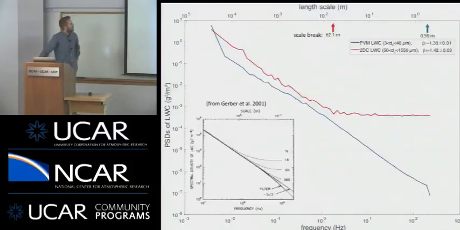I have some doubts still about what I'm getting for the 2DC. I have done this in a couple of different ways, playing with how I conduct the analysis, and it always changes in the 2DC. The cloud liquid water scaling is always the same.